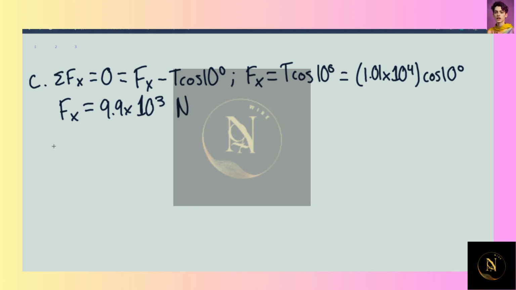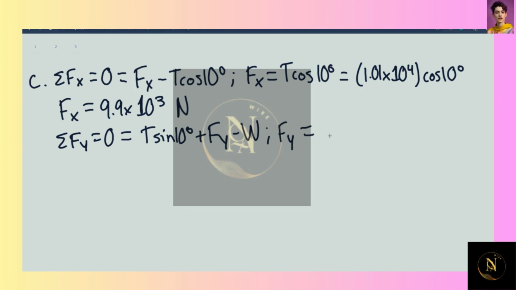Now, we can say that the sum of forces in the y direction equals 0. This is equaling T sine of 10 degrees plus F of y minus the weight W. So F of y is going to be equal to mg, the weight, minus T sine of 10 degrees.